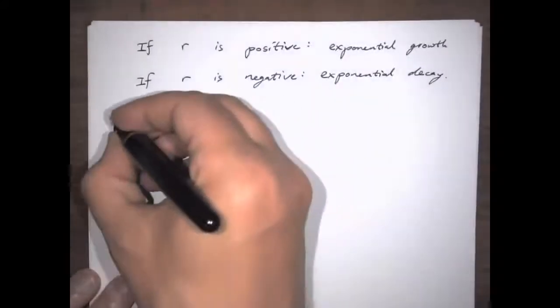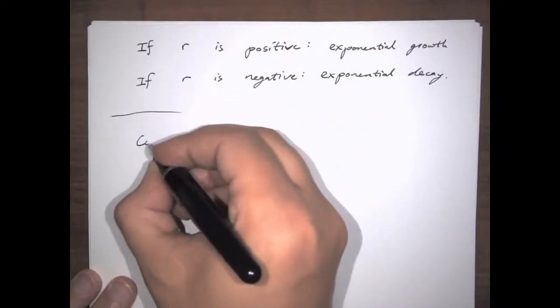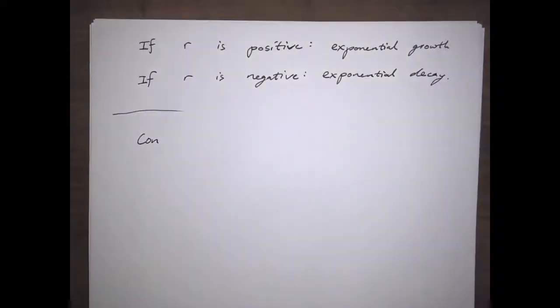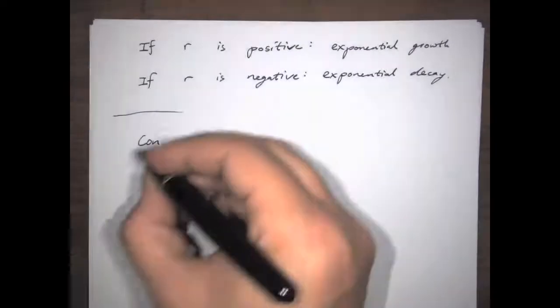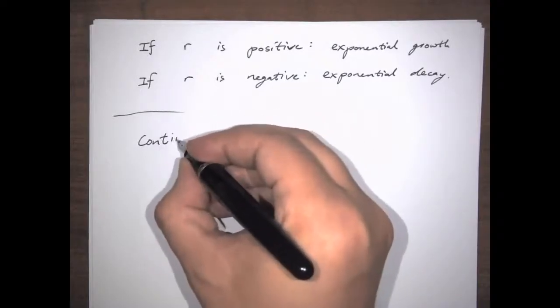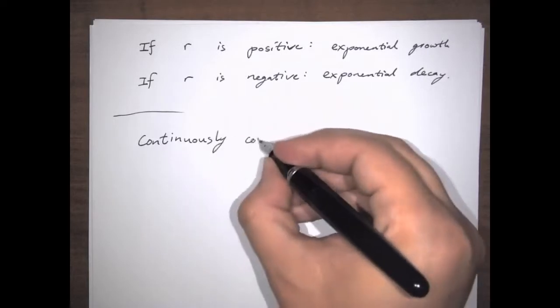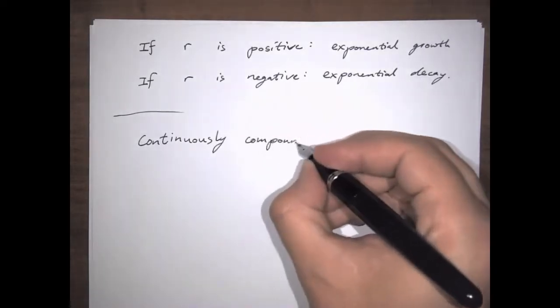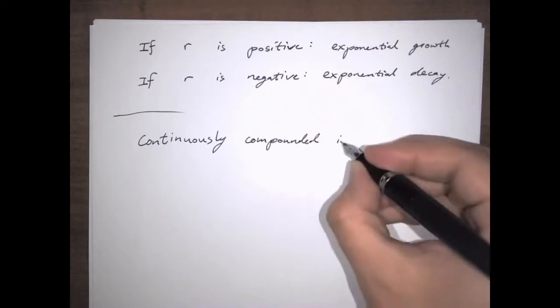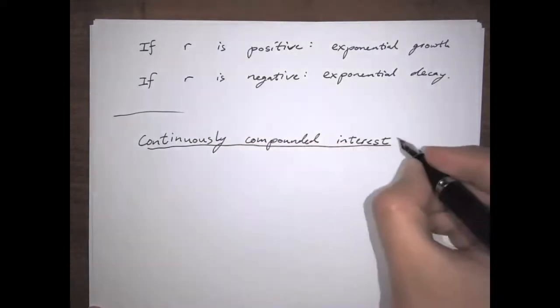Now, in the case of compound interest, rather than compounding it yearly or monthly or weekly or daily or hourly or minutely or secondly, we can compound it continuously, which means instant by instant. So continuously compounded interest means moment by moment.